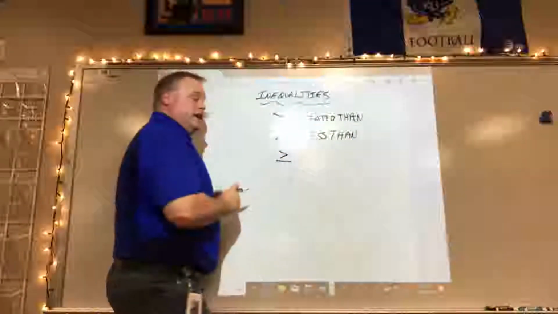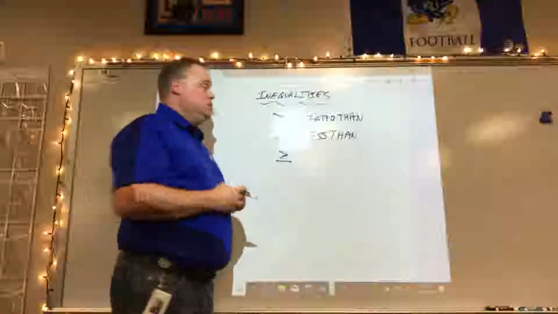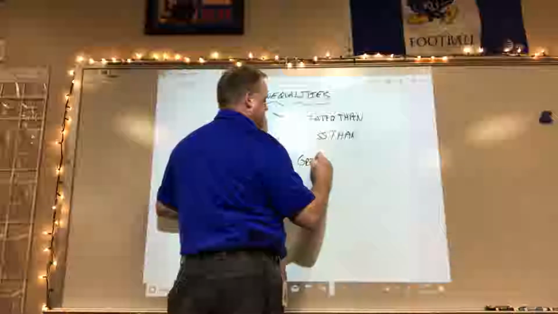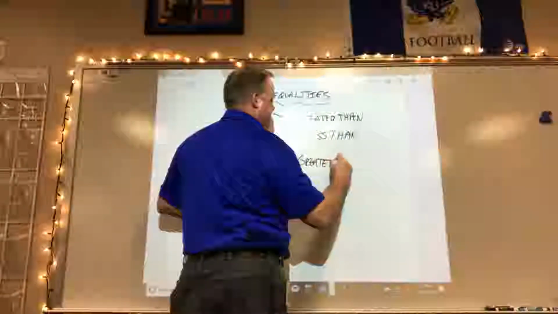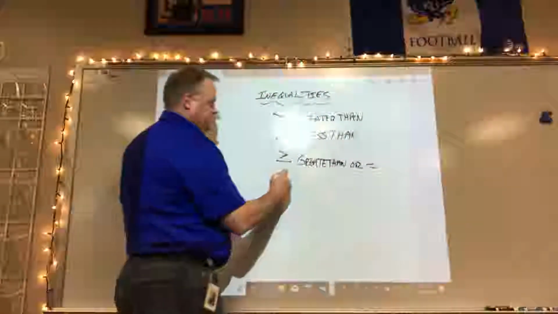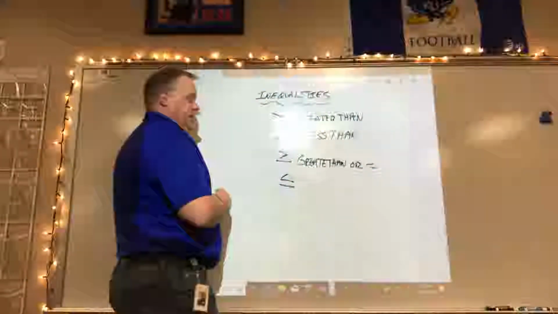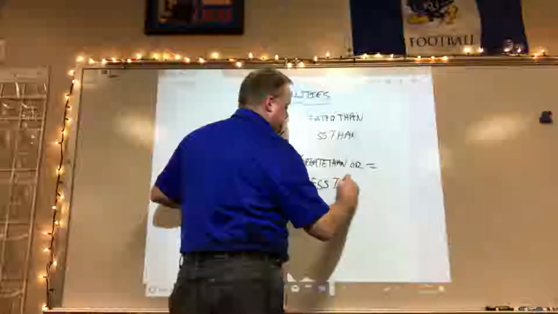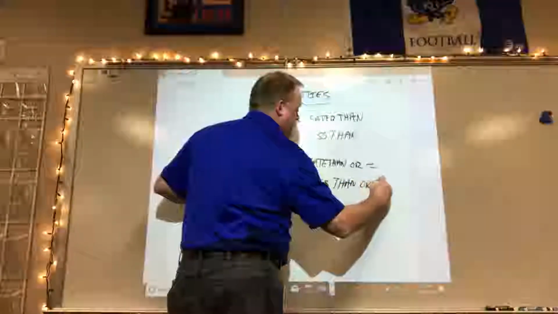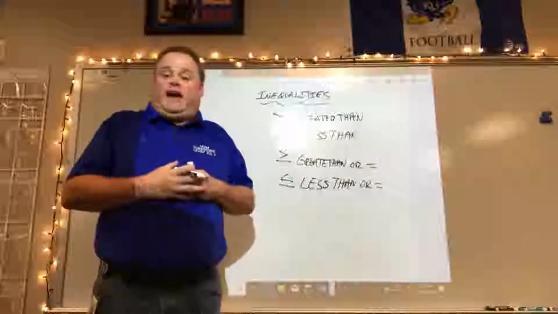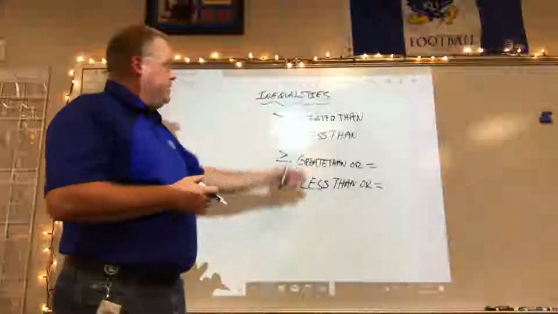This should be greater than or equal to, and last but not least, less than or equal to. Those are our 4 inequality signs. You should have already had that before, but just a quick reminder.